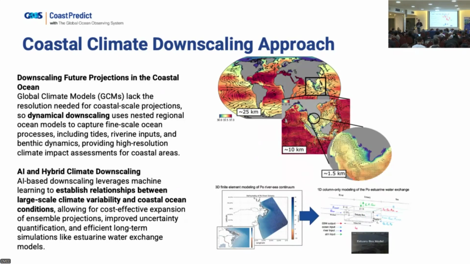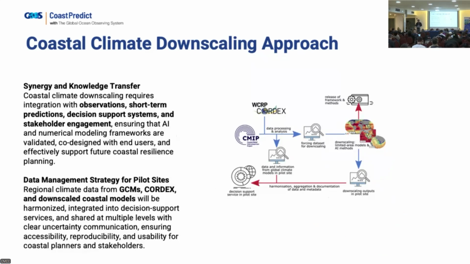The hybrid downscaling, for instance, here is an example of the estuary box model where we now also use artificial intelligence to do climate projection of the water in the rivers, river mouth, and this is an important aspect related to technology transfer, but especially to the data management strategy from CMIP to the local.